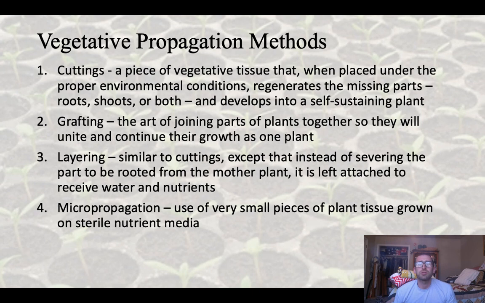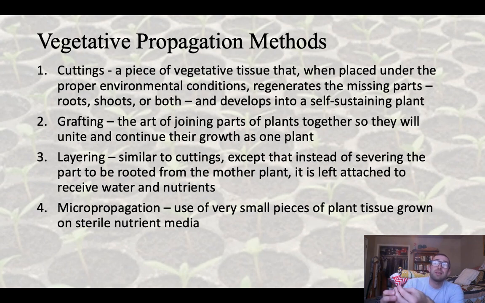With layering, what you're doing is very similar to cuttings, but instead of cutting that entire stem off and then planting it and having new roots grow, you keep the stem attached to the plant system, right? You modify it, you scrape away essentially all the tissues except the xylem.